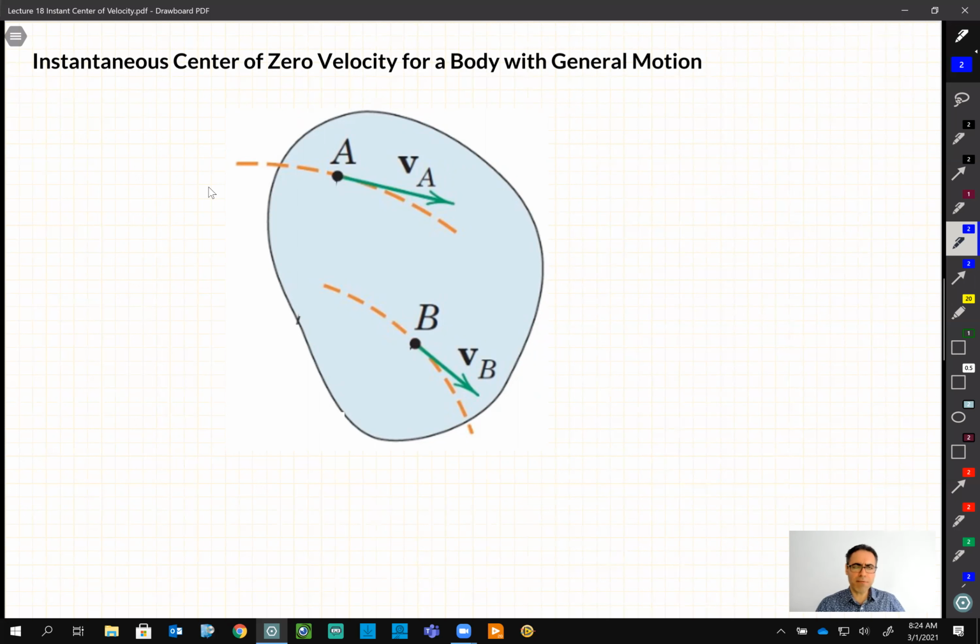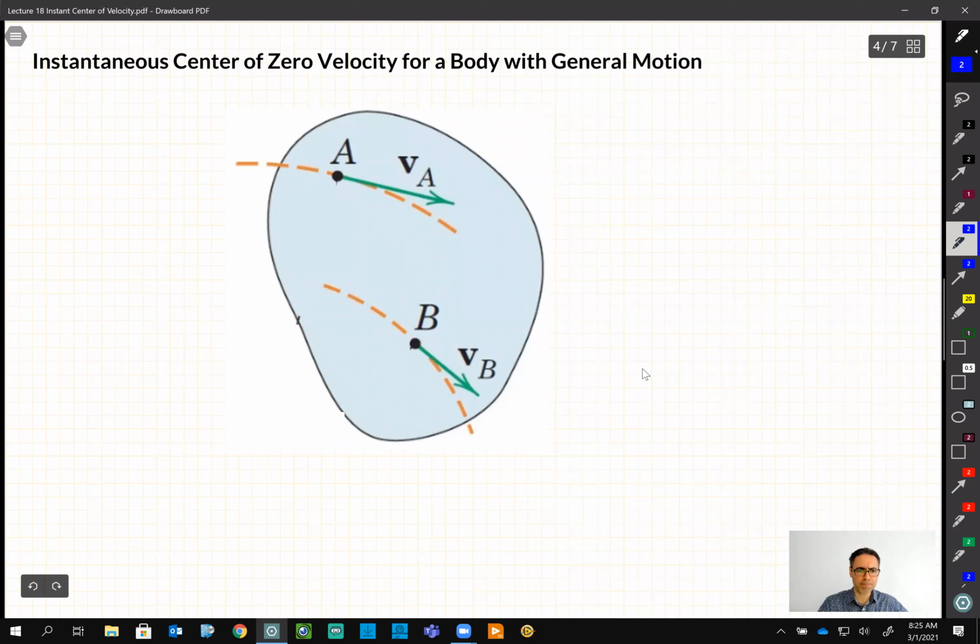And at this very moment, we can assume that the curve that point A is moving on is part of a circle. And point B is moving on a curve, a part of which we show here, and we can assume for a very short period of time that portion of the curve is part of a big circle, right?